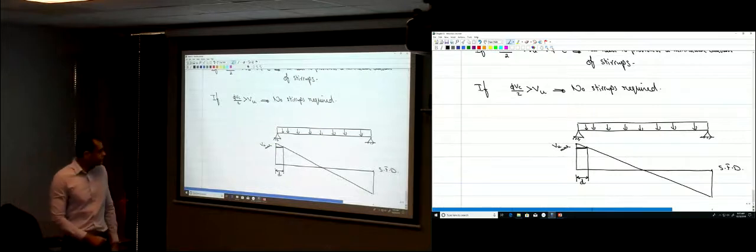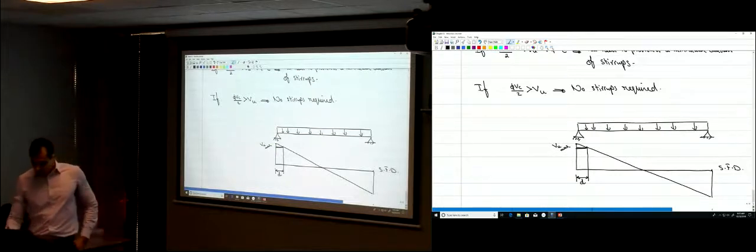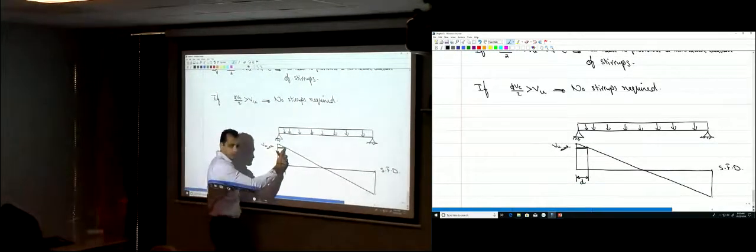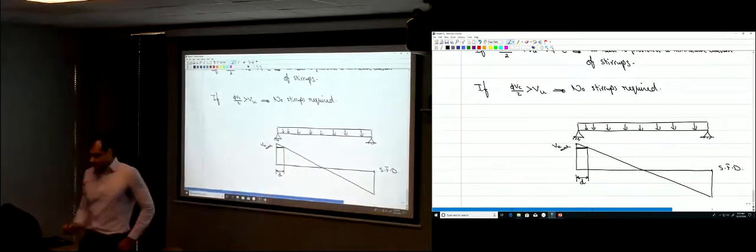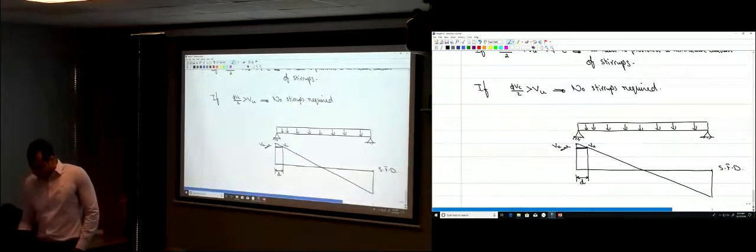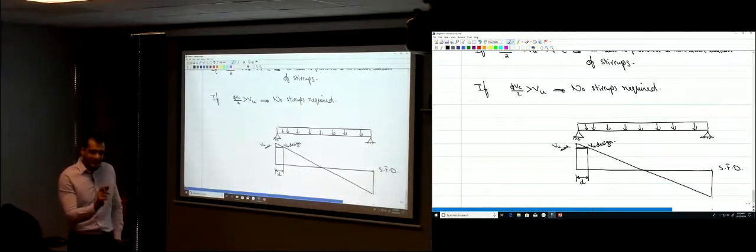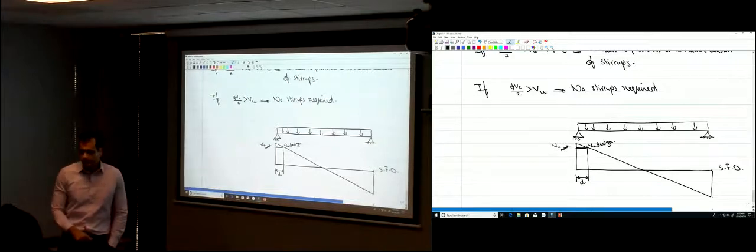As you move a distance d from the support, the shear will decrease a little bit. It's not this value, it decreased by some amount, and you can design it based on this value. You just go by distance d from the support.